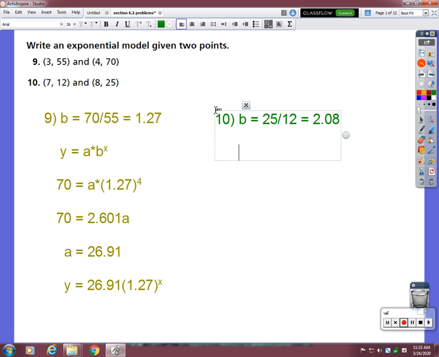Then I'm going to take that and plug it into y equals a times b to the x. So let's see, what y value should I use? How about 25? So I'm going to plug 25 in for the y, a is what I'm trying to find, times 2.08 to the 8th power.